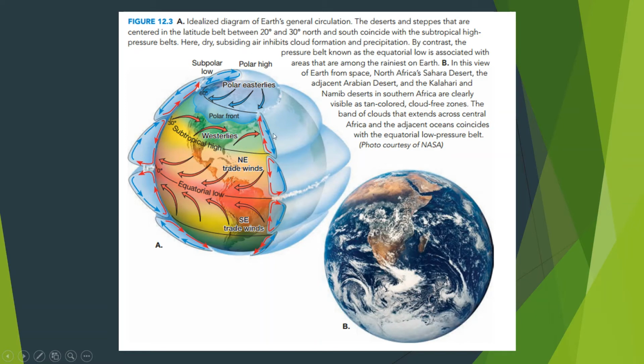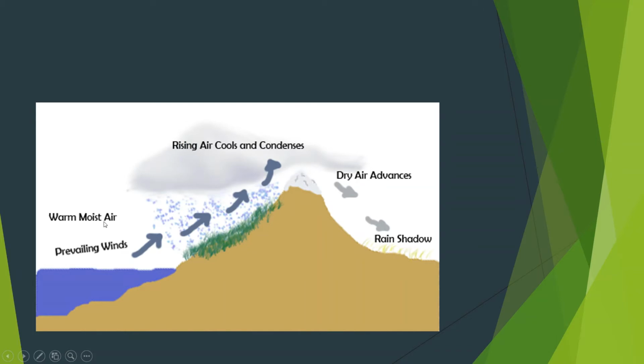Deserts are also caused by wind distribution, and this is a good illustration of how a rain shadow occurs. We have warm, moist air coming from the sea. As it climbs up the mountain, the heavy, moist air is prevented from going to the other side.